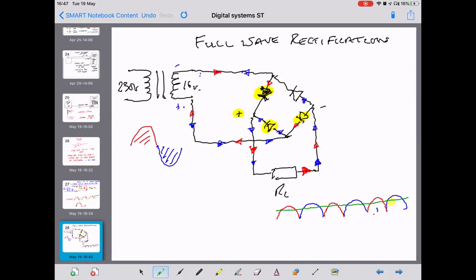And then we're going to look at some other ideas in power supplies, like how do we smooth out this waveform so it's not lumpy, we get rid of the ripple, and then how we can use other electronics to control that output still further. Okay? All right. So we'll leave it there with half and full wave rectification.